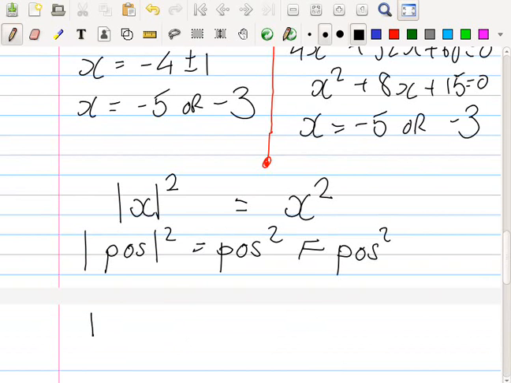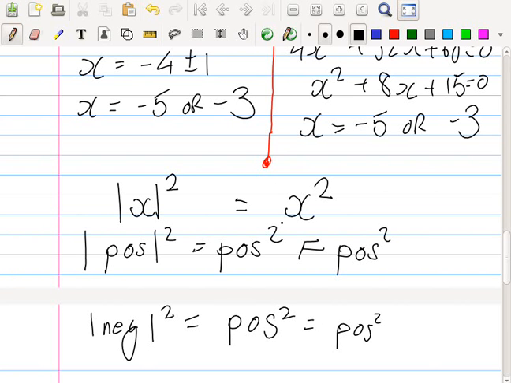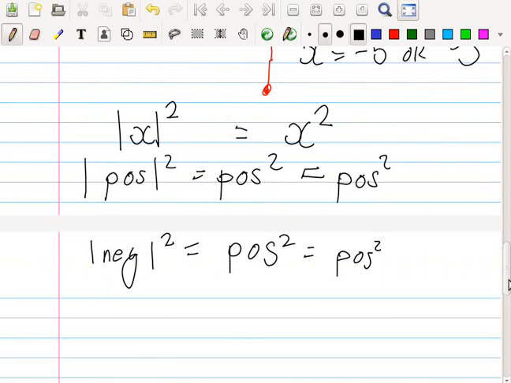Now suppose I have a negative number squared. What's the absolute of a negative? It's changed into positive. So I get positive squared as well. But now suppose I drop the absolute. Negative squared.